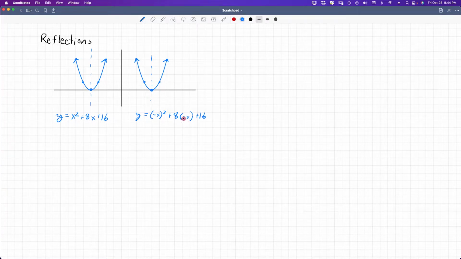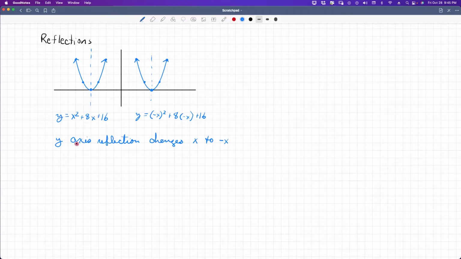Trust me for now. So the rule is that a y-axis reflection changes x to -x, okay?